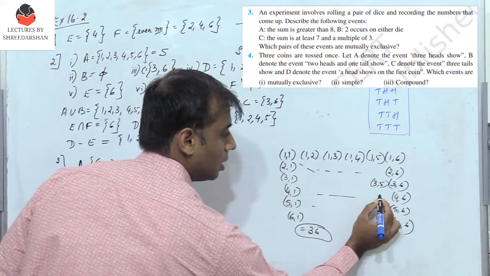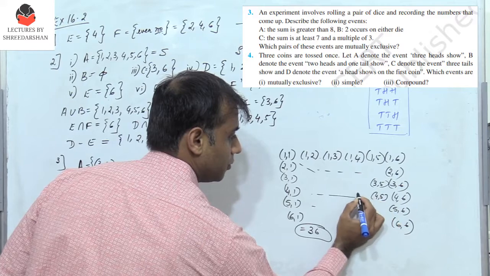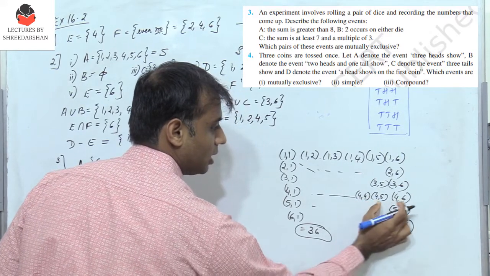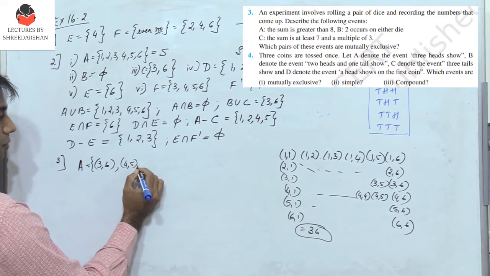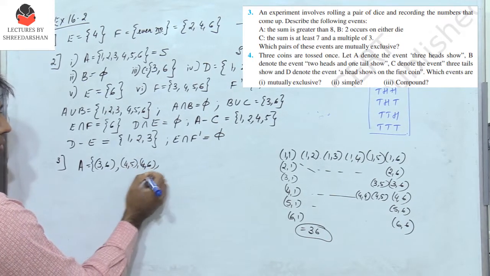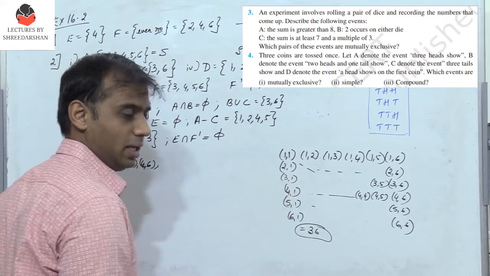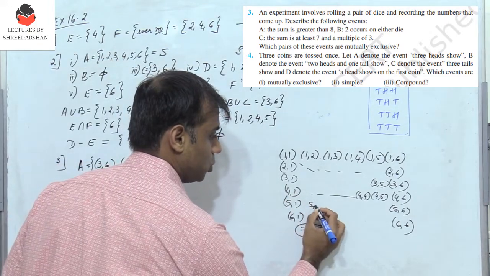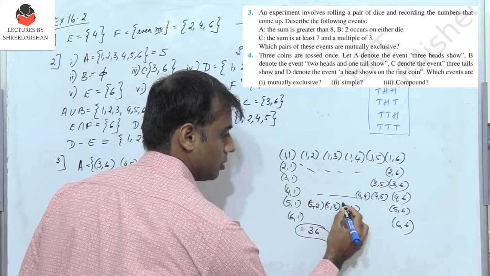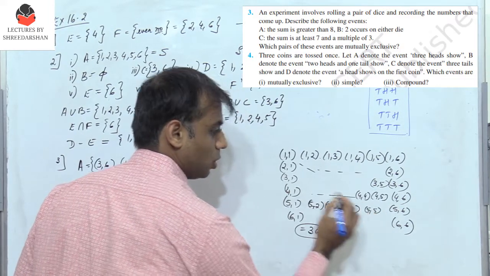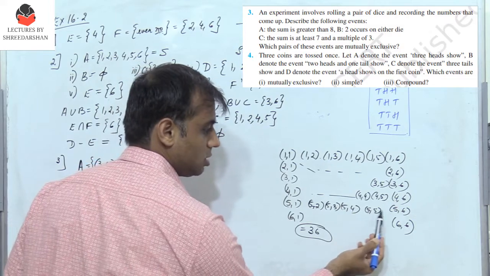Next, in the fourth row, I have (4,5), (4,4). So greater than 8, I have to write these two: (4,5), (4,6). And then here, greater than 8: I have (5,2), (5,3) is 8, (5,4), (5,5). So what is greater than 8? These three are greater than 8.